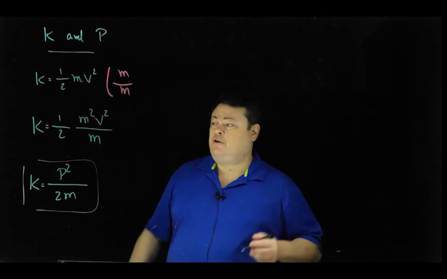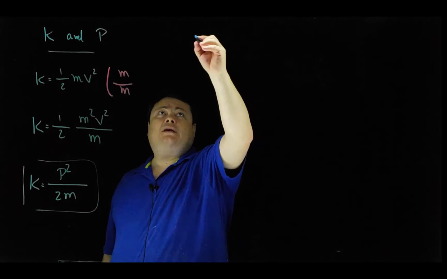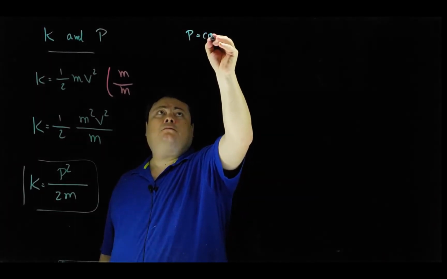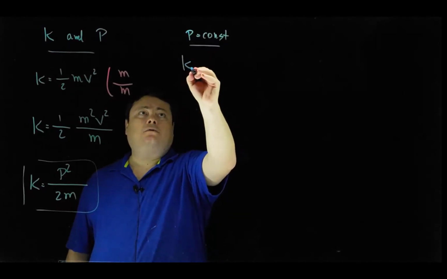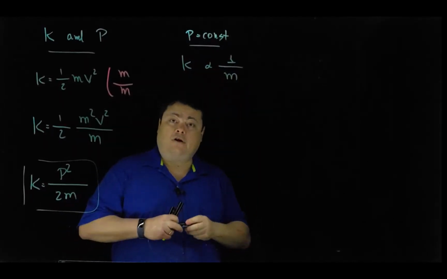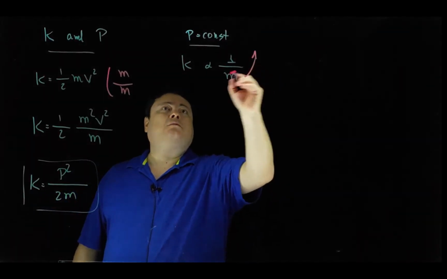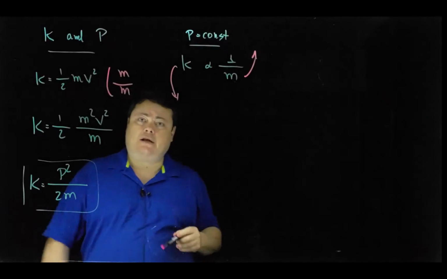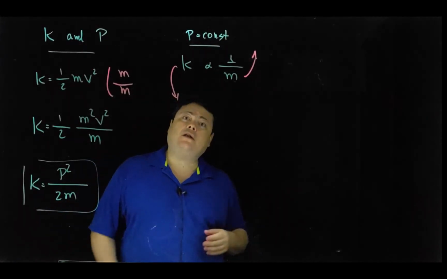Notice from this equation here that if objects have the same momentum, kinetic energy will be inversely proportional to mass. Therefore, a more massive object will carry less kinetic energy. A less massive object will carry more kinetic energy.